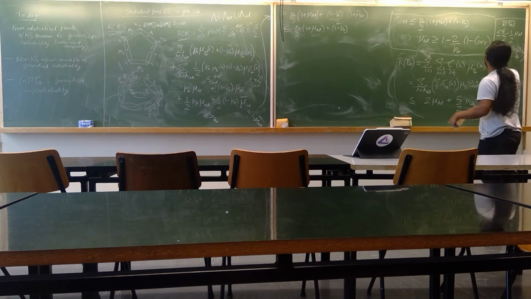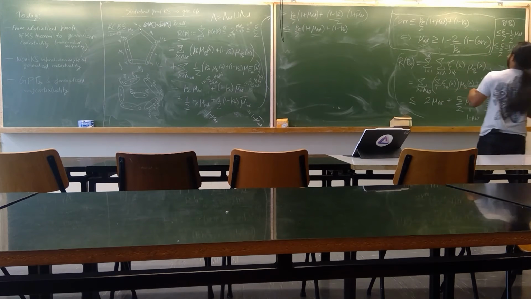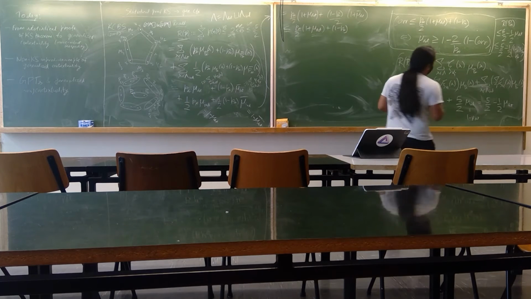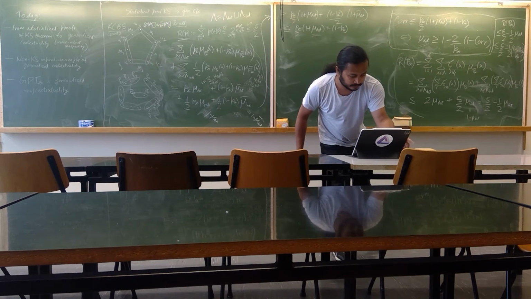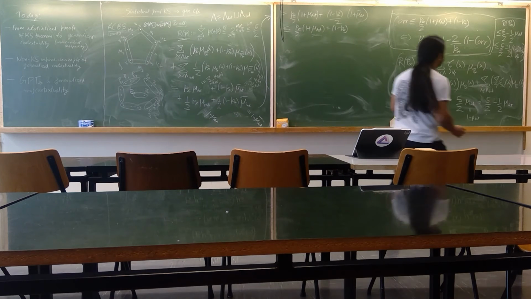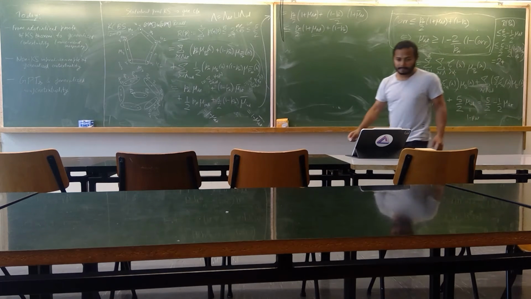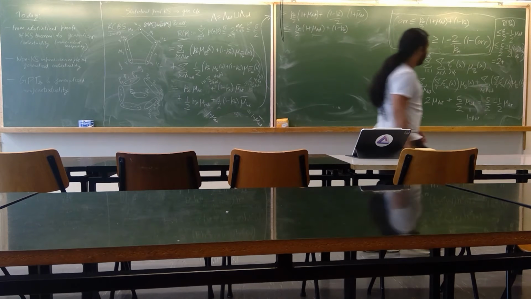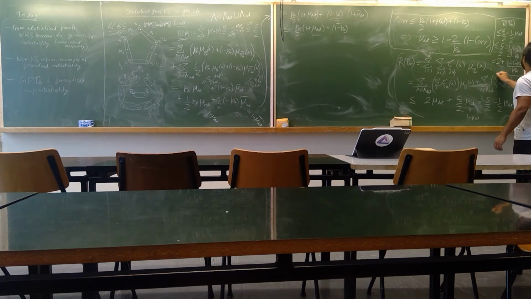But yeah, just plugging this here, right? If you do that, you basically end up with 2 plus 1 minus core over p star. Okay.